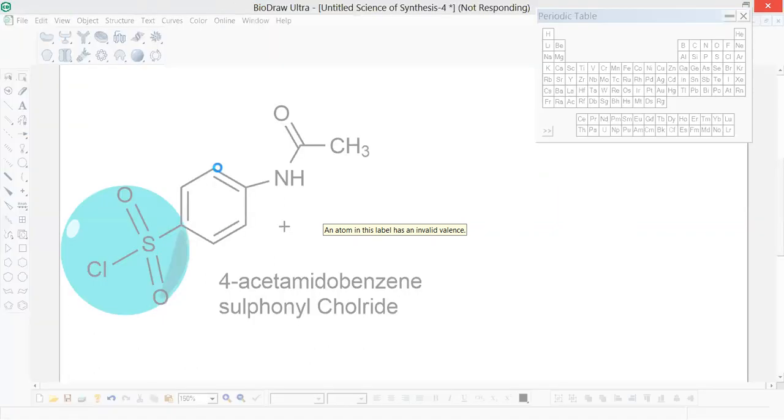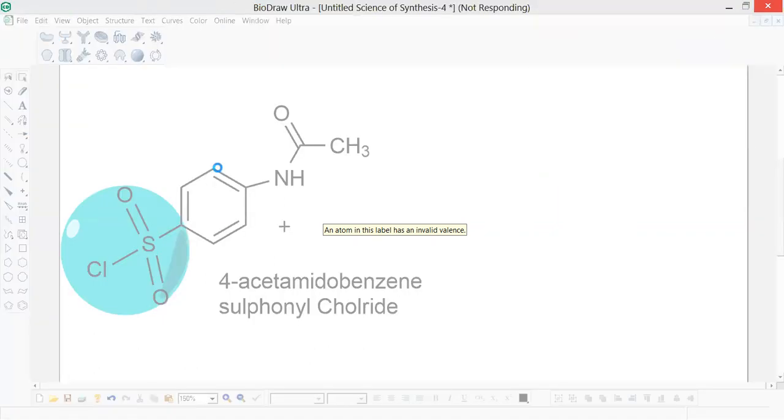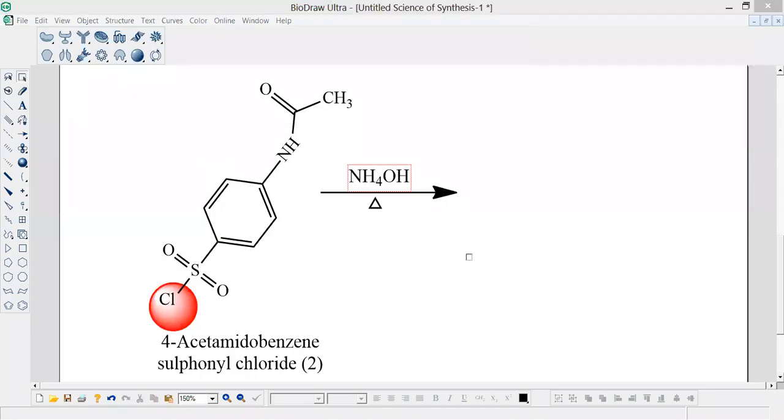Now we will move towards the second step of synthesis of sulfonamide, that is the nucleophilic substitution reaction.